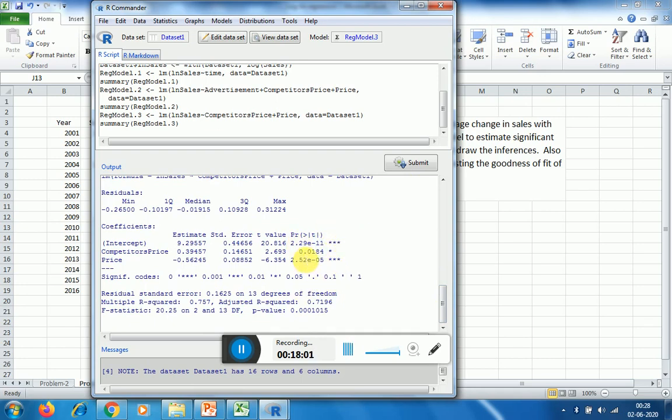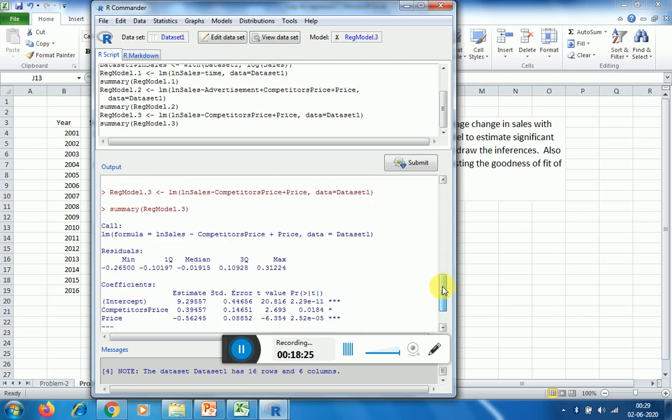Now here you can see that all the values are significant. The p values corresponding to intercept, competitors' price and the price are all significant at 1% or 5% level of significance. Also the p value corresponding to the F statistic is significant. Now here R square is 0.757.